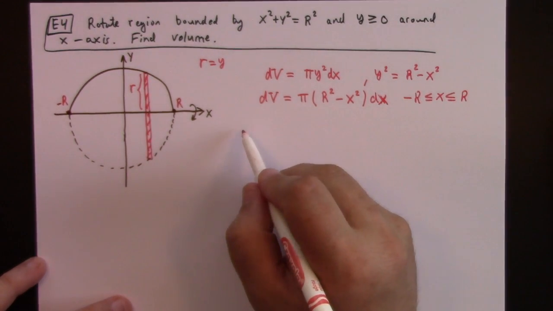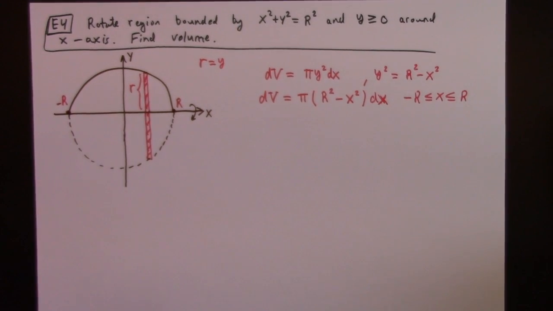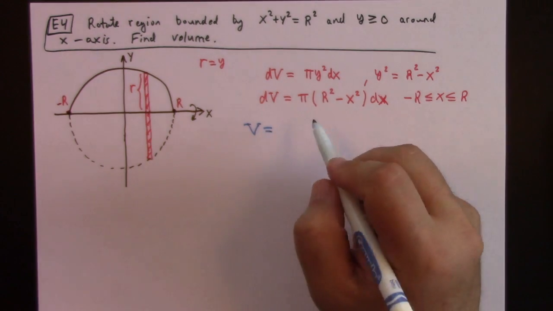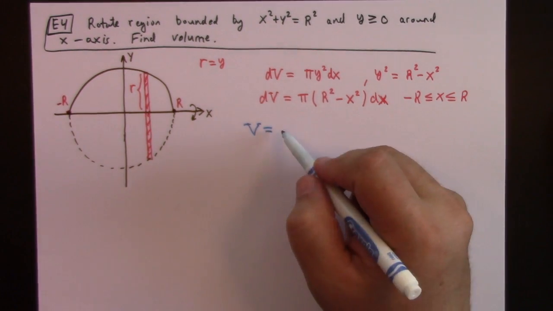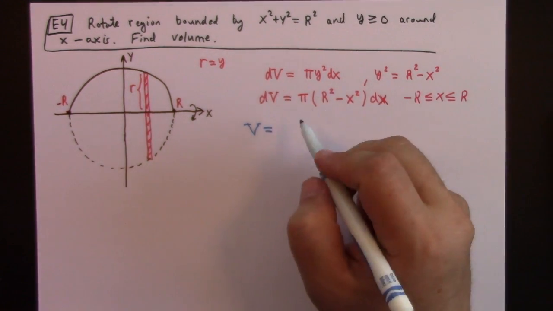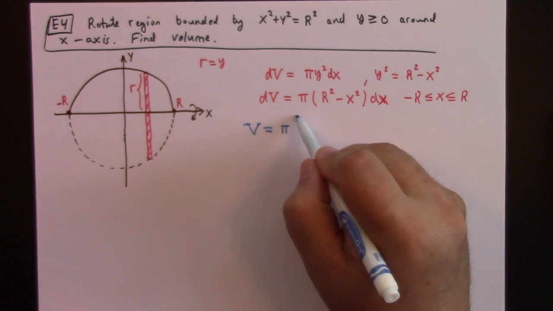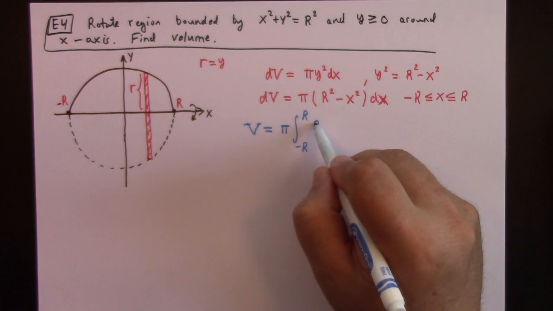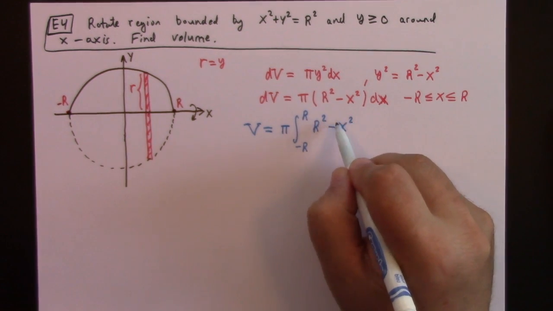And then we integrate. So the volume is equal to, let's see here, pi. I'm going to pull the pi out, all right? Integral from minus r to r of r squared minus x squared dx.